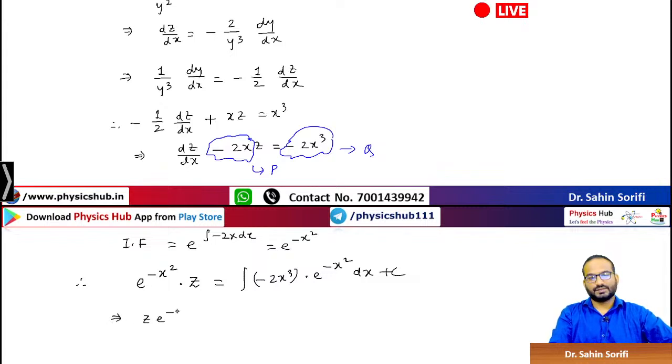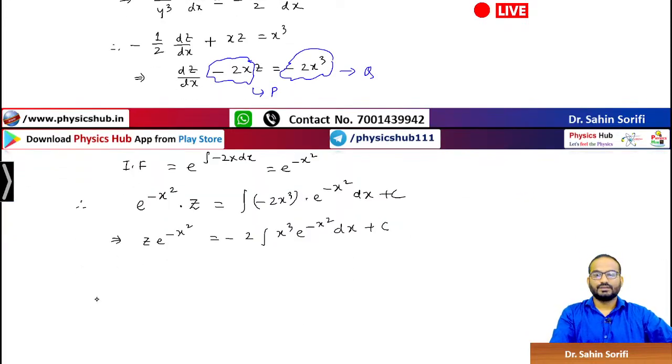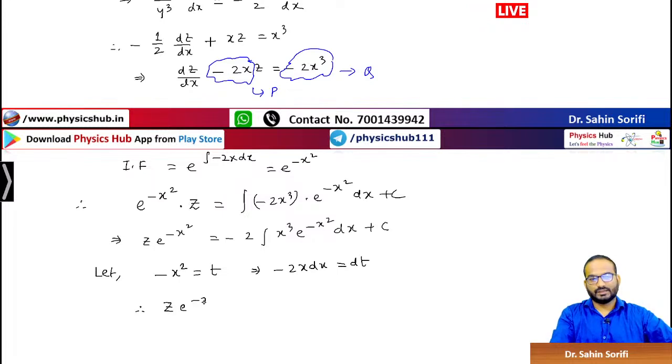So z e to the power minus x square is equal to minus 2 integration x cube e to the power minus x square dx plus c. Now let minus x square equal t, and therefore minus 2x dx is equal to dt. What do we have?